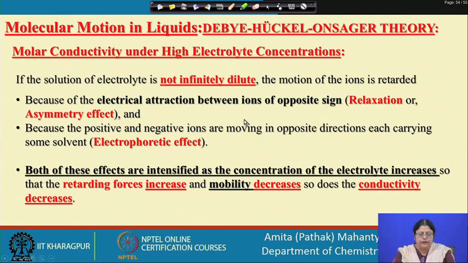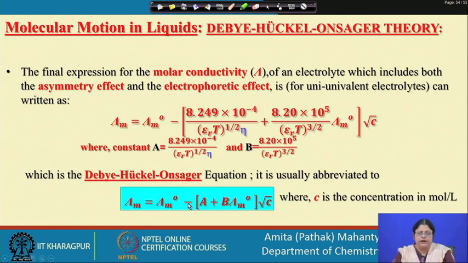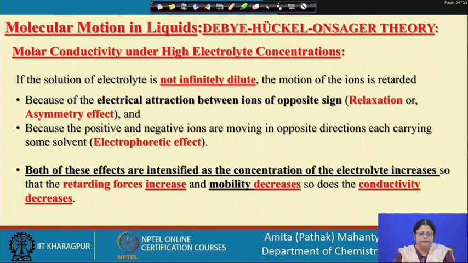So, what happens when you have a highly concentrated solution of electrolyte? The equation we saw for the Onsager theory was validated when the solution was very dilute. What happens when the concentration is very high?